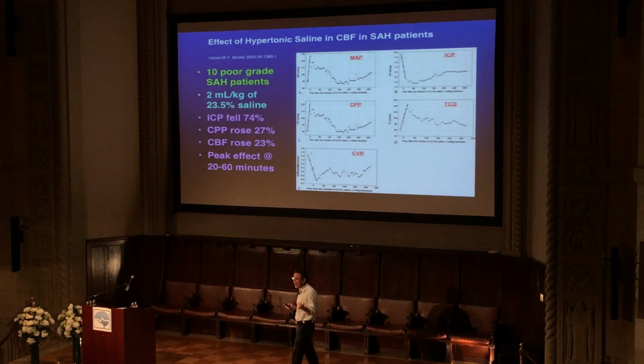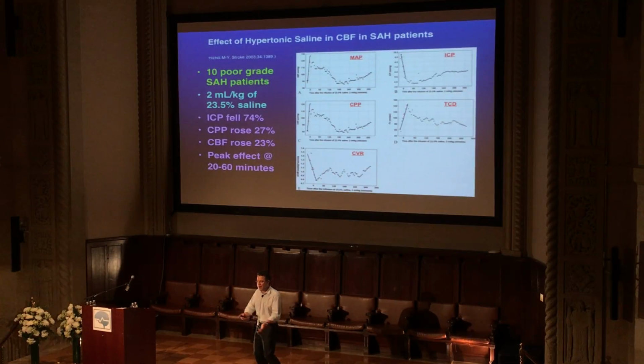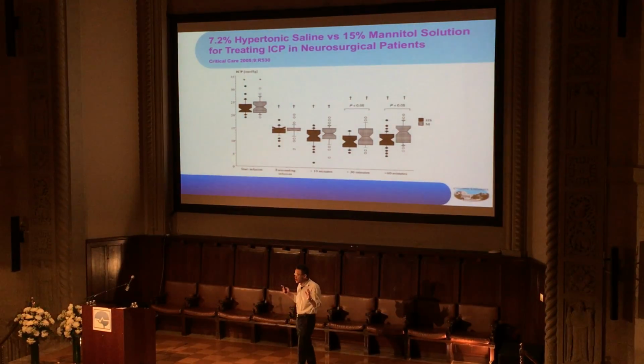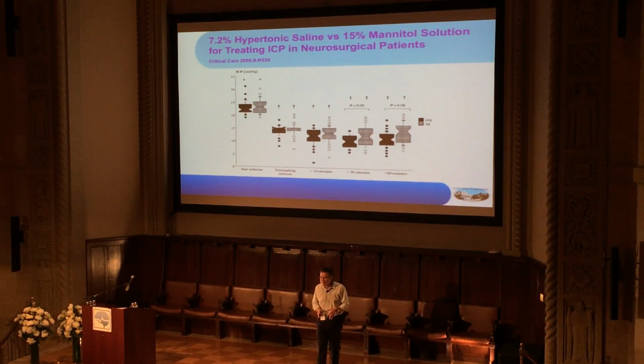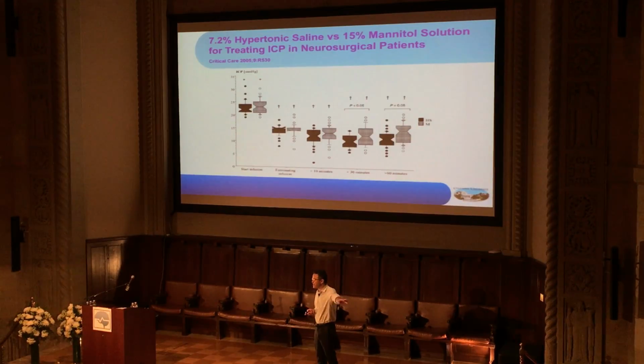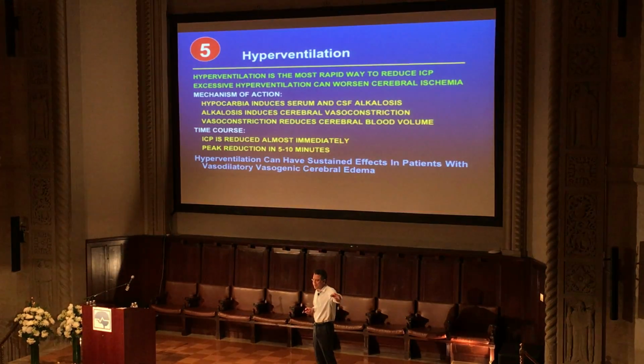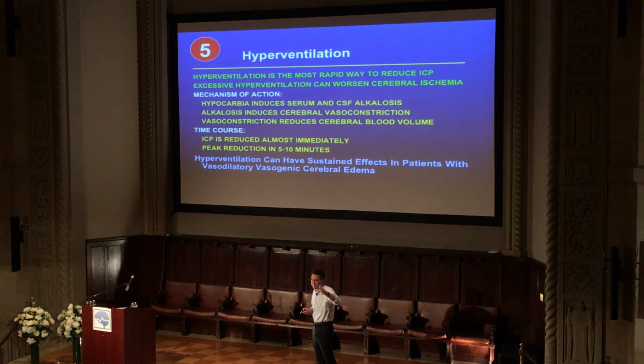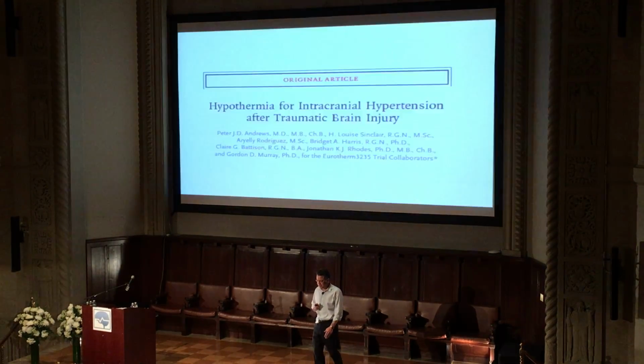So whether you like the hypertonics, which are better at raising the MAP, or mannitol, which is better in shock states or fluid overload states, it looks like they work about the same, and there's been some enthusiasm, as we heard yesterday, for maybe a study comparing going all the way with one versus the other.